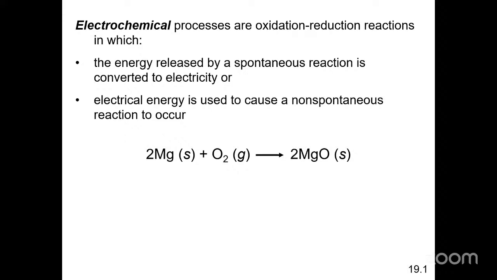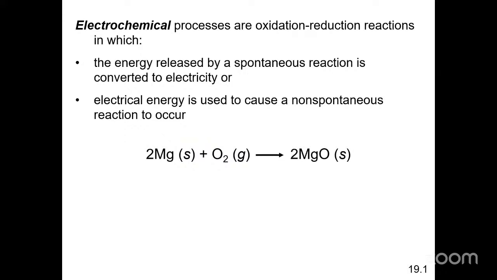By now, especially if you have had me in Chem 1, you should know what a redox reaction is. Redox is an abbreviation for reduction and oxidation. You should remember that oxidation involves the loss of electrons and reduction involves the gain of electrons.